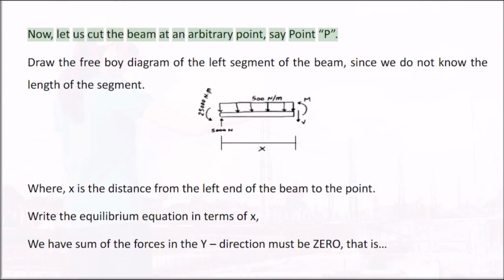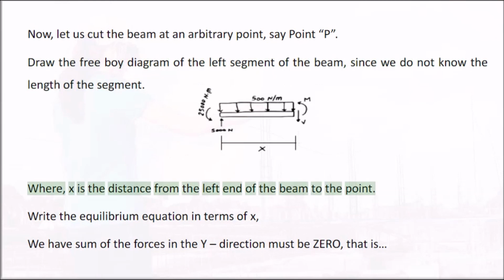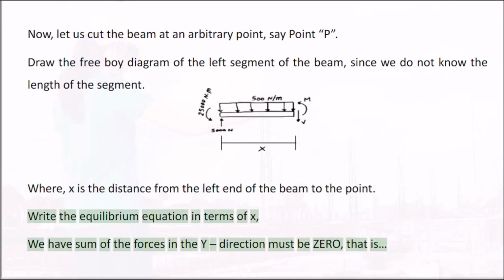Now, let us cut the beam at an arbitrary point, say point P. Draw the free-body diagram of the left segment of the beam. Since we do not know the length of the segment, we call it x, the distance from the left end of the beam to the point. Write the equilibrium equation in terms of x.